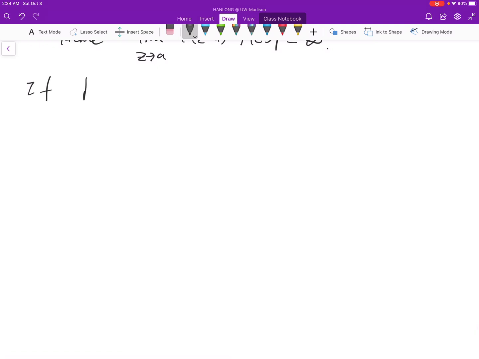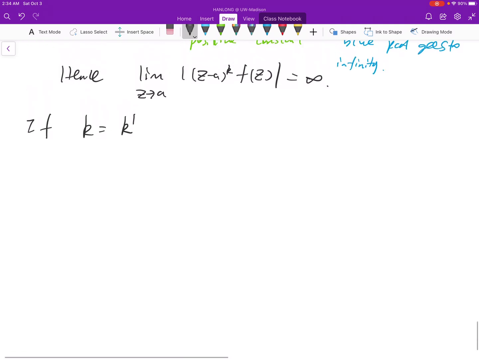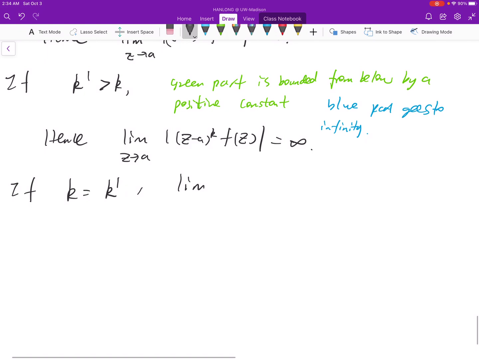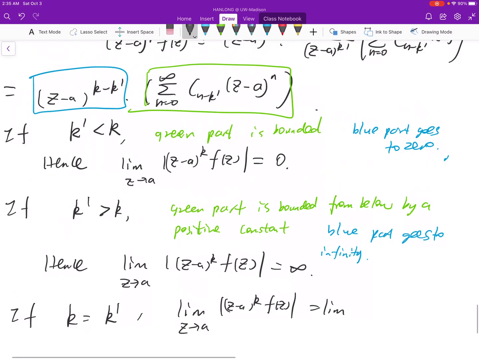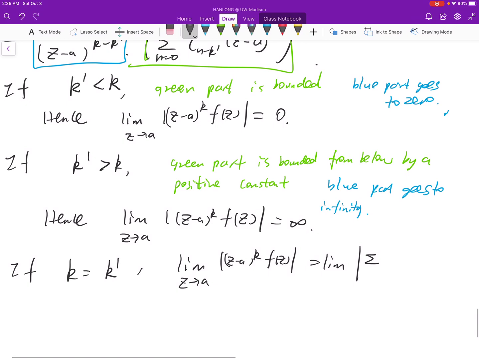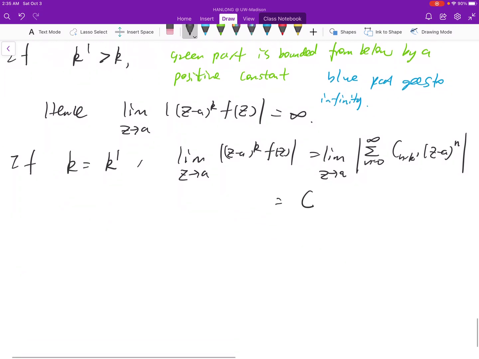And lastly, if the two parameters are the same, then the limit of |(z minus a) to the k's power times f(z)| is the limit of the absolute value of the green part sub power series, which is c negative k prime, which is the absolute value of this.